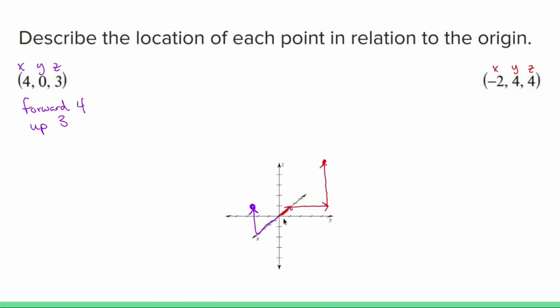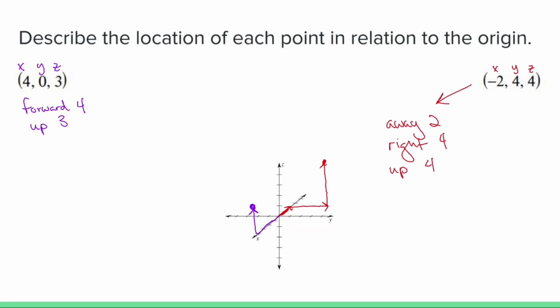Imagine going away from you 2 steps, right 4 steps, up 4 steps. So we would say, and we'll write it over here so I don't accidentally cut it off, away 2, then right 4, up 4.